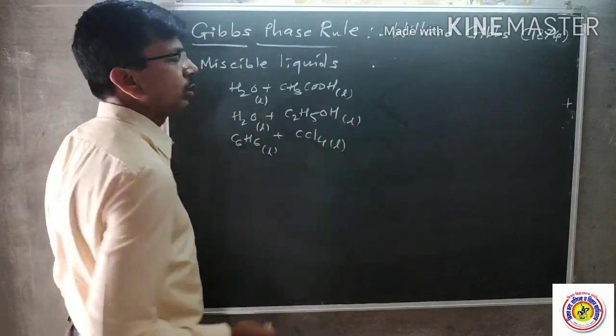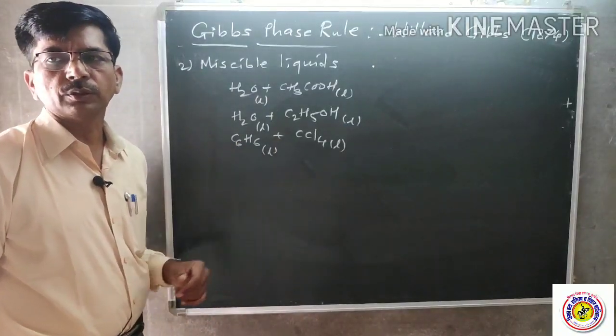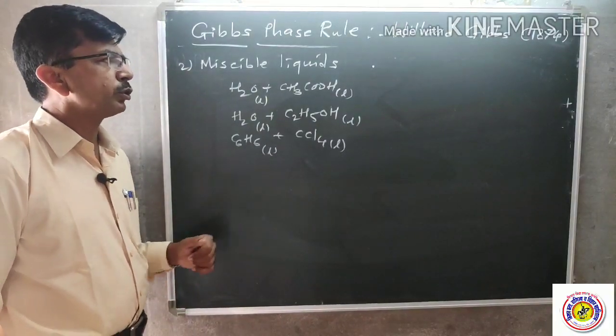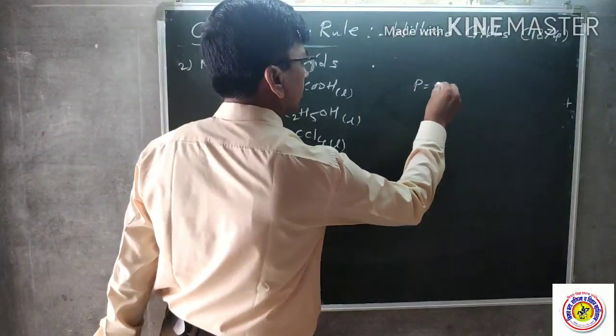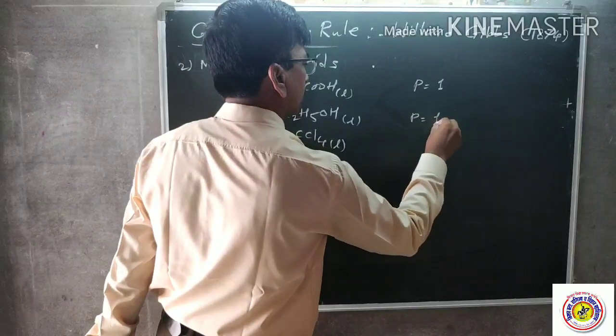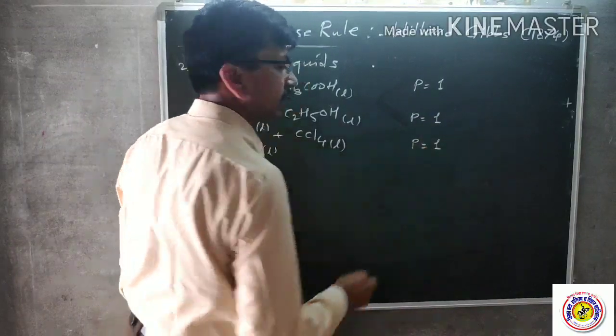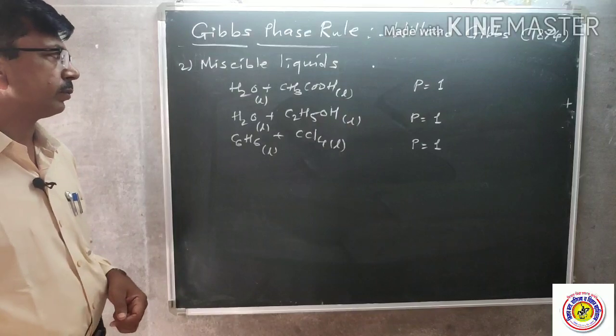So all these are miscible liquids and they are homogeneous, so all are having a single phase, and that is a liquid. So these are the examples of the single phase system.